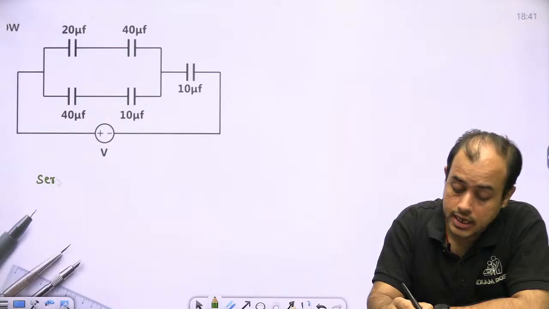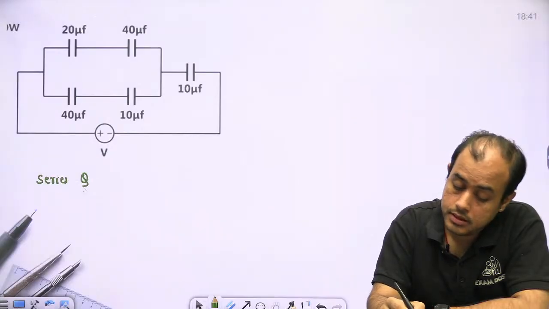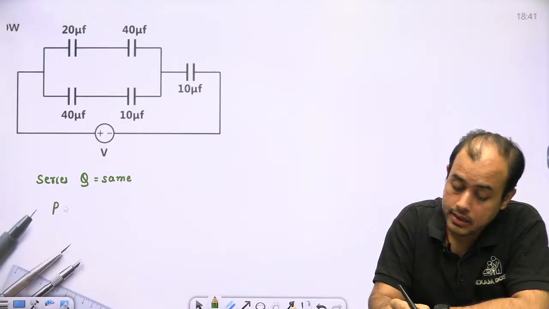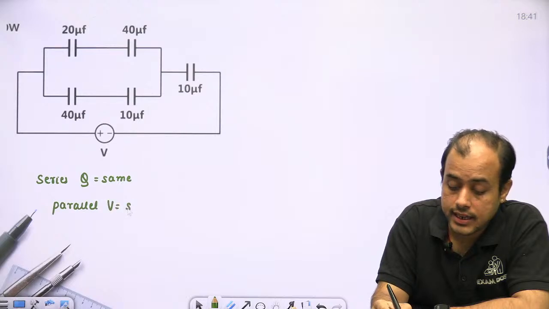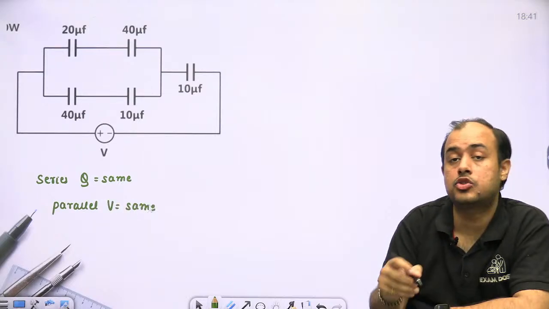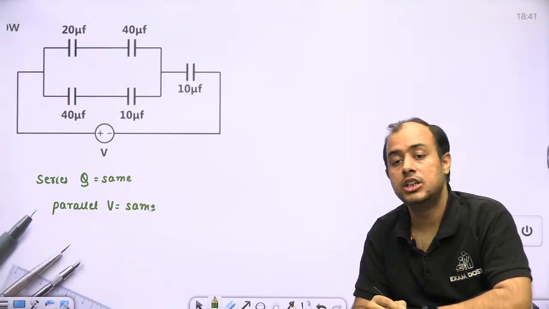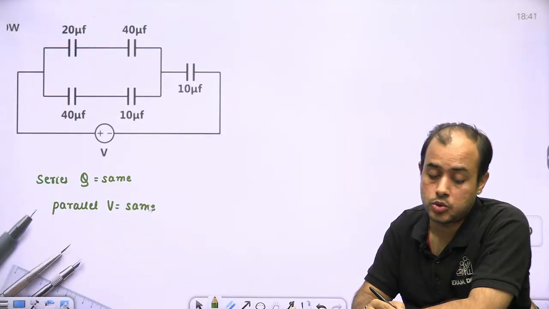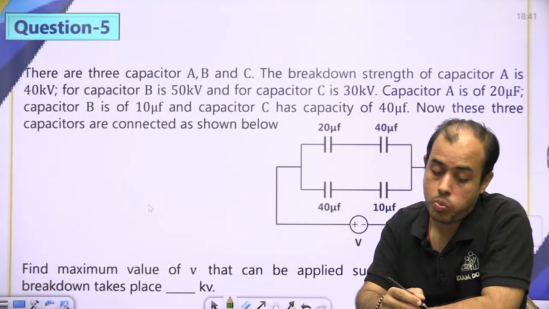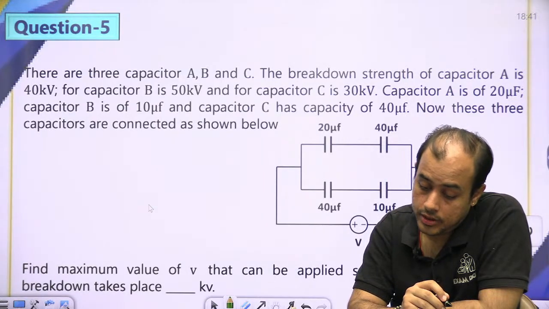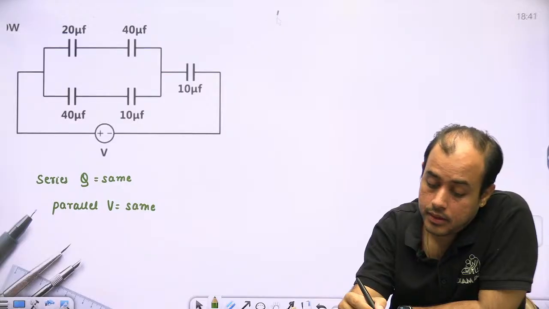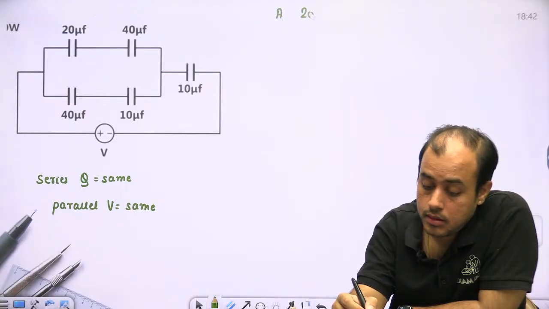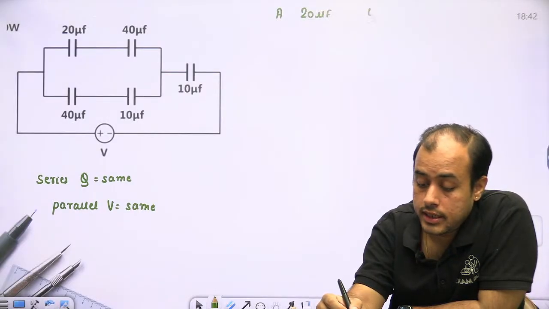Series means charge is same and parallel means voltage is same. So to save the capacitor in parallel, choose the minimum of the two voltages. In series, choose the minimum of two charges. Now A is 40, A is 20, breakdown is 40 kV.